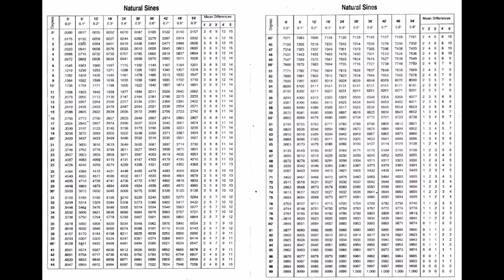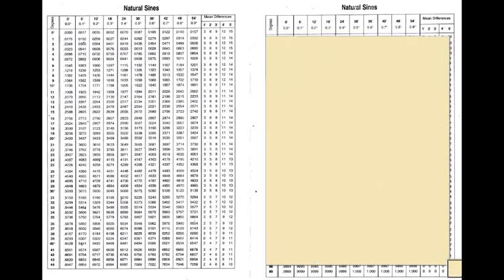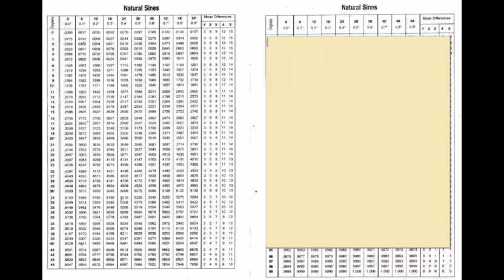Now suppose I want to find out theta is equal to sine inverse of, let me take the number 0.2907. Again start looking for a number which is as close to 0.2907 as possible, and when I look at it, this is where I see 2907.